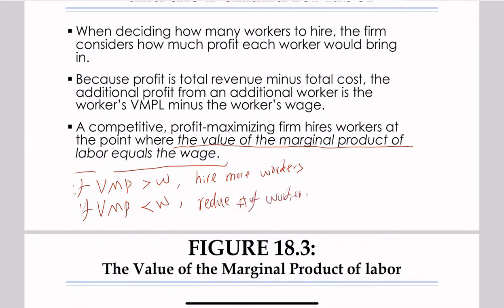So this basically means the optimal number of workers you want to hire happens at this, right? So value of marginal product equals wage is the optimal condition the profit maximizing firm wants to use when it is deciding how many workers to hire.